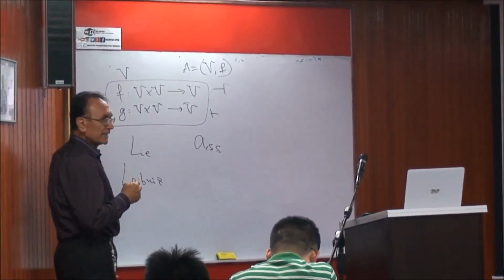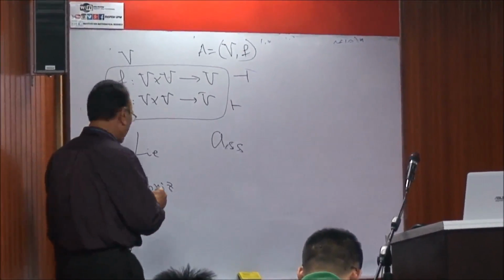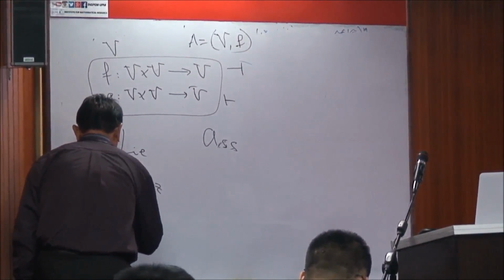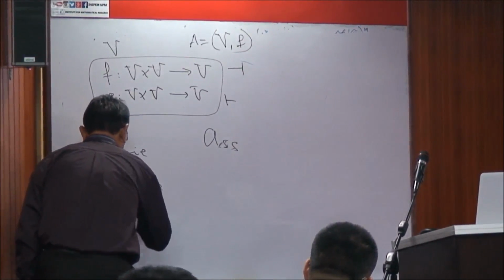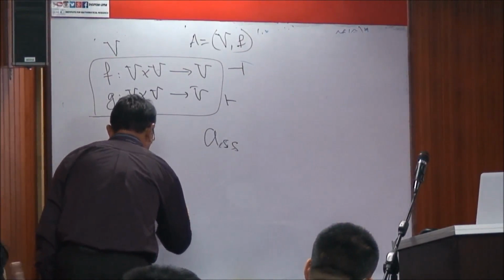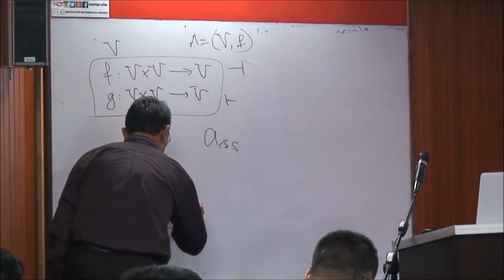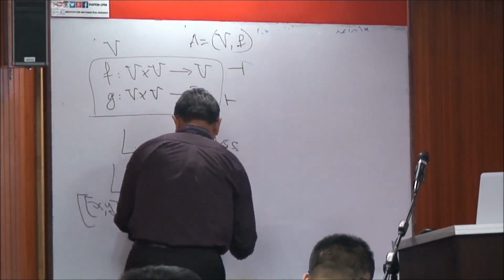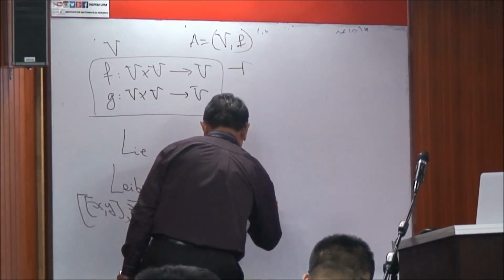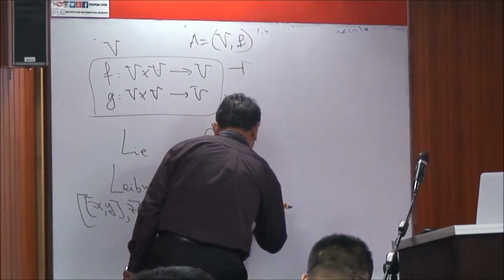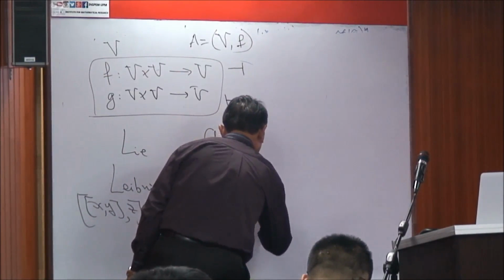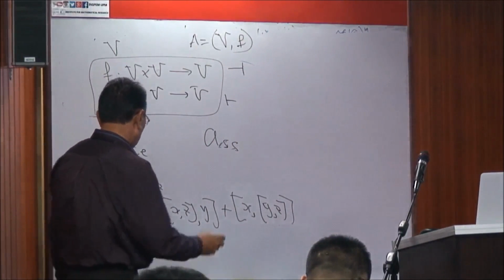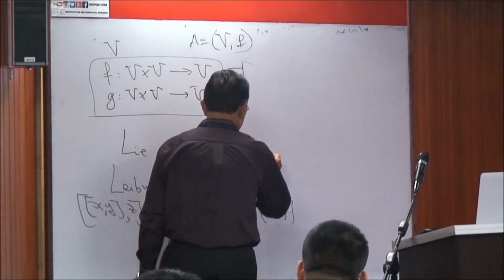The identity for Leibniz is written as follows: [x,[y,z]] equals [[x,z],y] plus [x,[z,y]]. This is called the Leibniz identity.